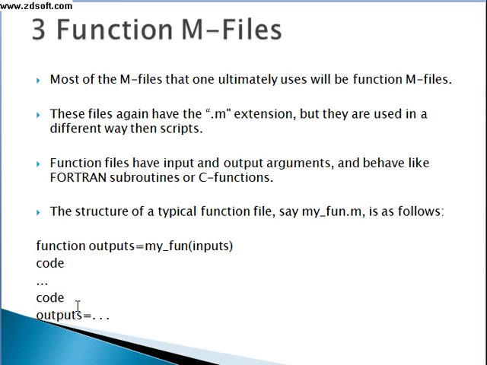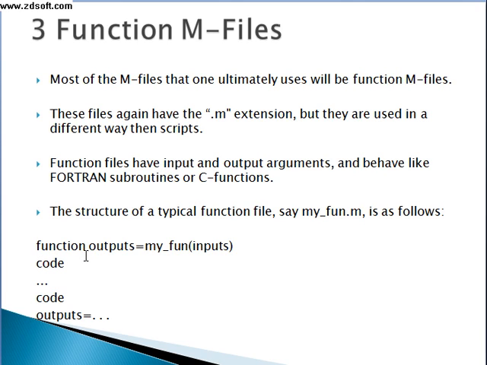The structure of a typical function file, say my_func.m, is as follows. Whenever you want to create a function M file, use this type of code. Okay, this is a general code for it. You start your program with the code function with the f small. Do not use the capital F in starting.